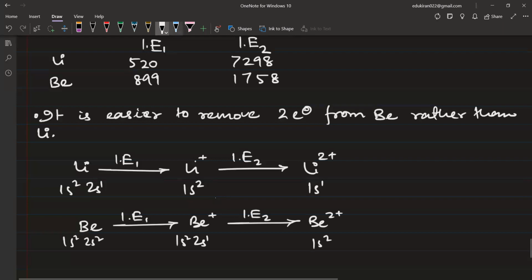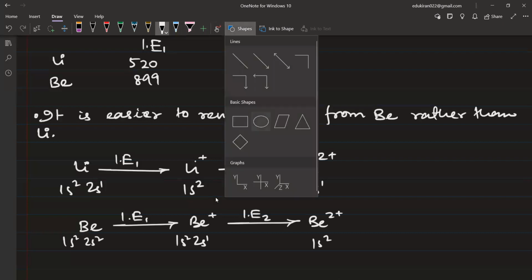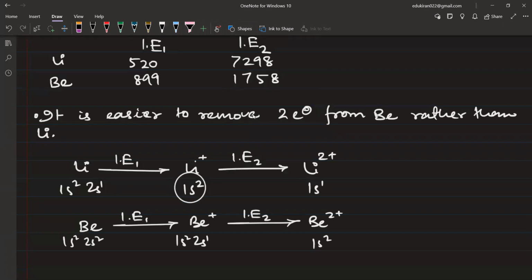Okay. Now here you can see that this 1s2 electronic configuration is going to be very stable, right? Because it is noble gas configuration. Yes or no? Tell me, guys. 1s2 is noble gas, right? Helium has the configuration of 1s2. So this is noble gas configuration.